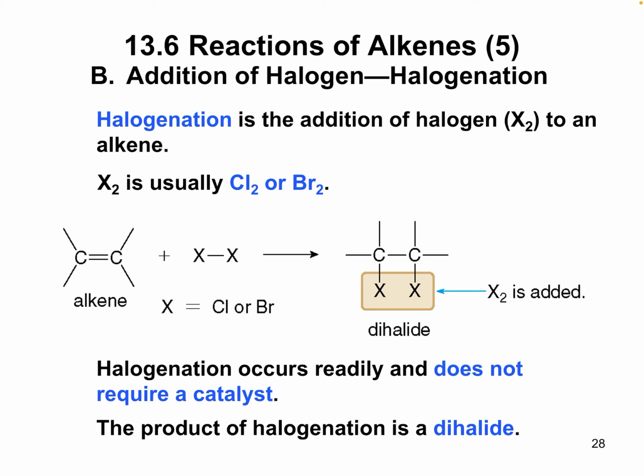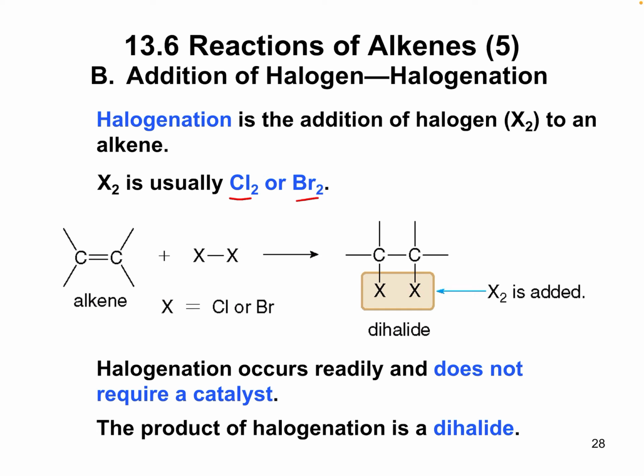So our second reaction is very much like the hydrogenation, except instead of adding H2 across the double bond, we're adding a halogen, all right? So halogens spend their lives when they're in their elemental forms as diatomics. In other words, they occur in pairs.